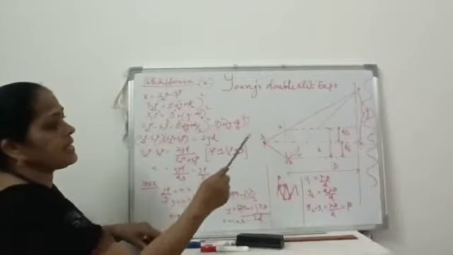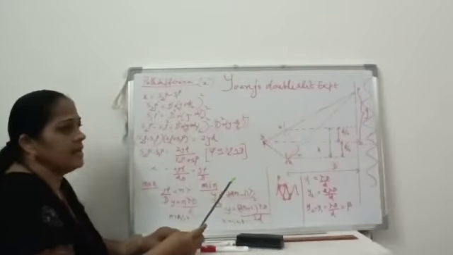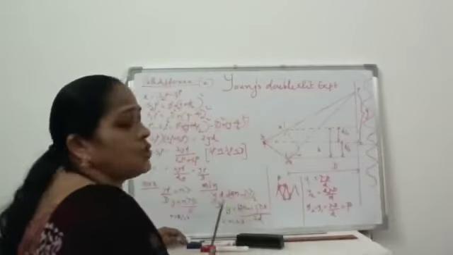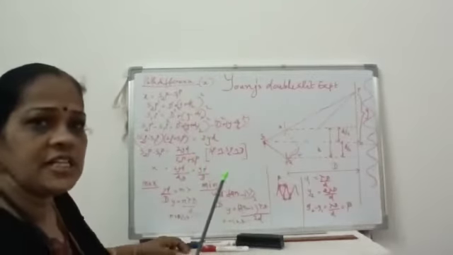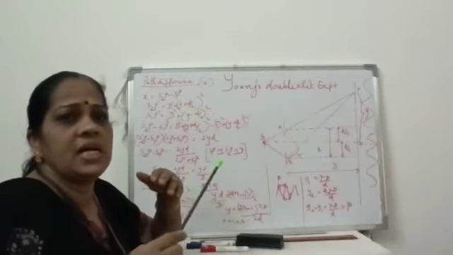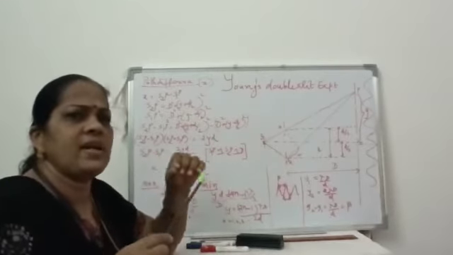We are going to make a small assumption here. Since the point P lies very close to O, in the interference pattern the maxima and minima are all very close to each other. The distance between them is very, very small.